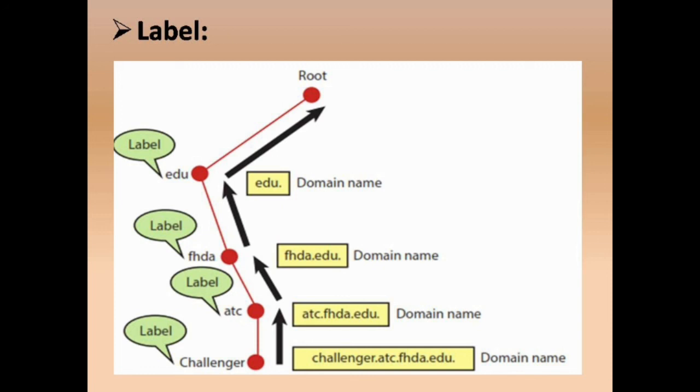A domain name is given to a computer which is connected to the internet. So it follows the hierarchical namespace structure. It includes a particular department name, organization name, and type of organization name. We will continue the remaining part of domain namespace in the second video.